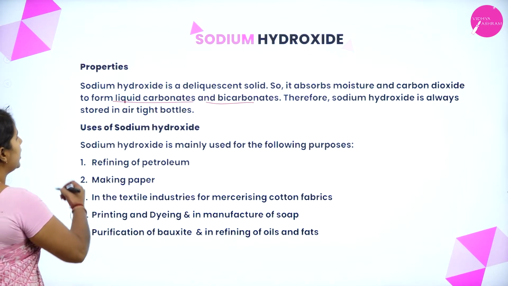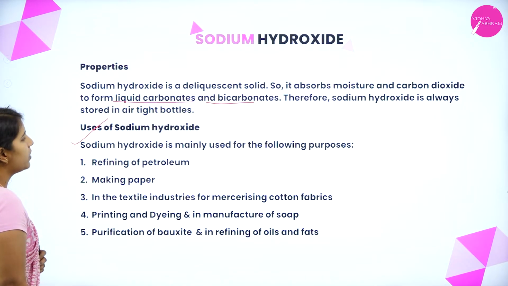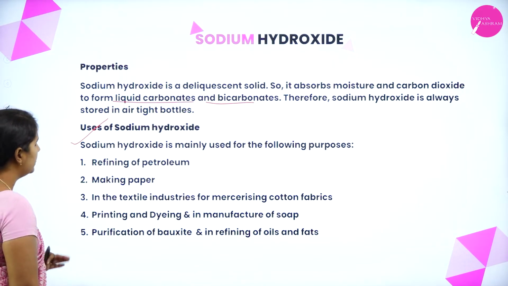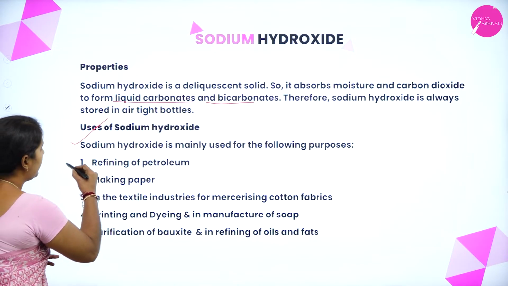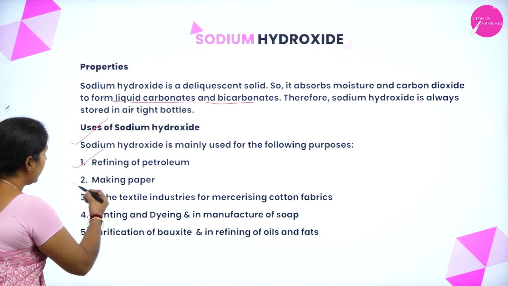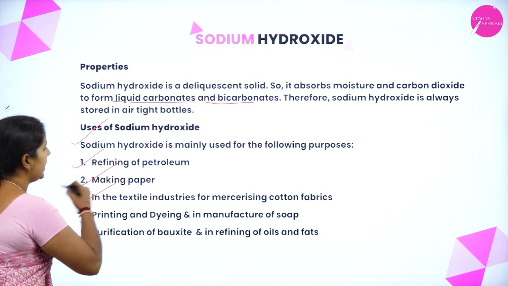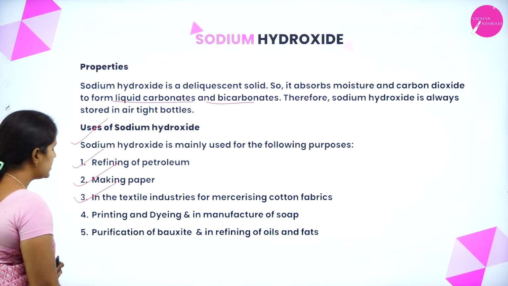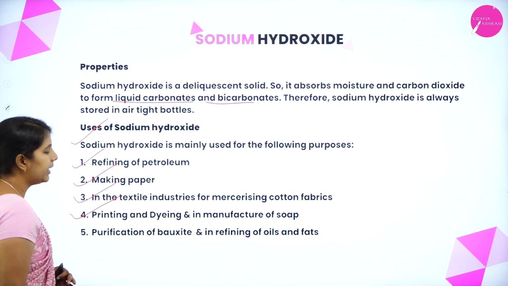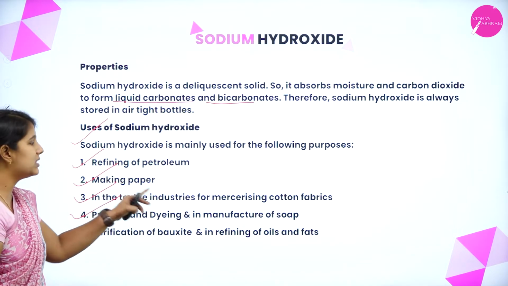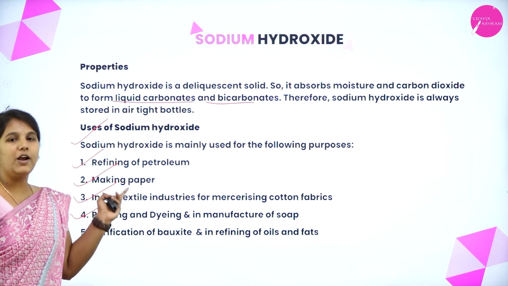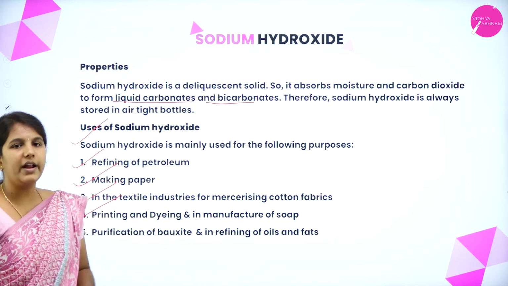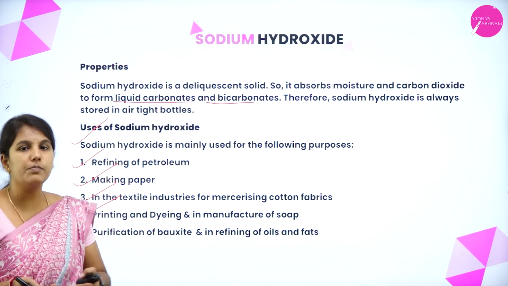Coming to the uses, sodium hydroxide is mainly used in the refining of petroleum, in making paper, in the textile industry for mercerizing cotton fabrics, in printing and dyeing, as well as in the manufacturing of soap, because sodium hydroxide gives a soapy touch.